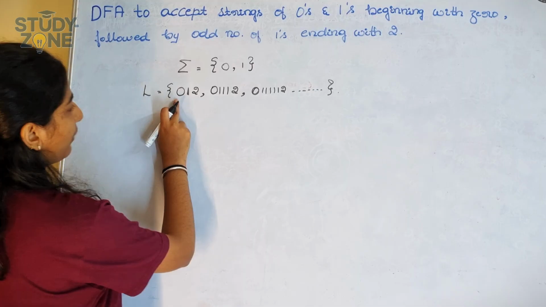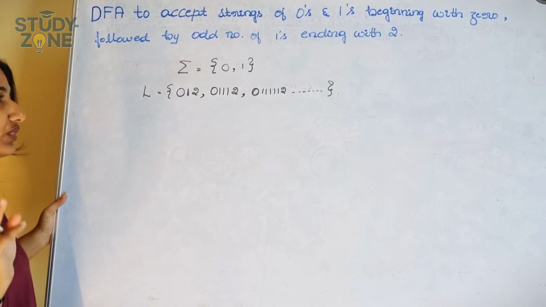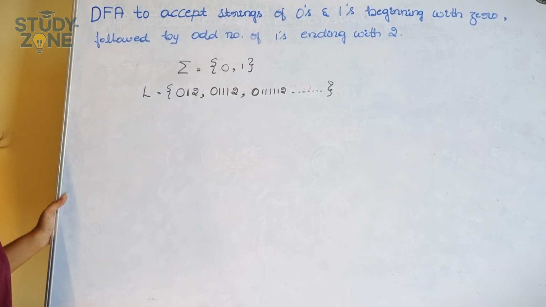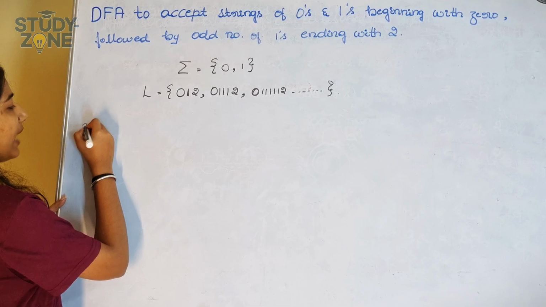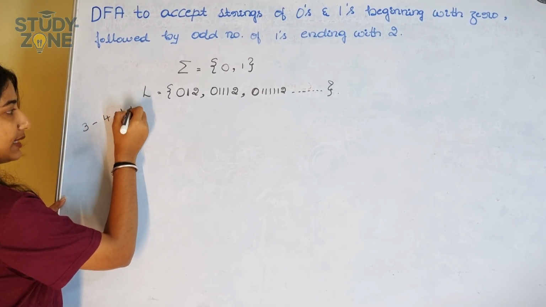Now look here, we have 0, 1 and 2, which means 3 characters. We have to represent 3 characters with the help of states. So the states are Q0, Q1, Q2, Q3, which means if we have 3 characters, we have to take 4 states. This is basic thing.